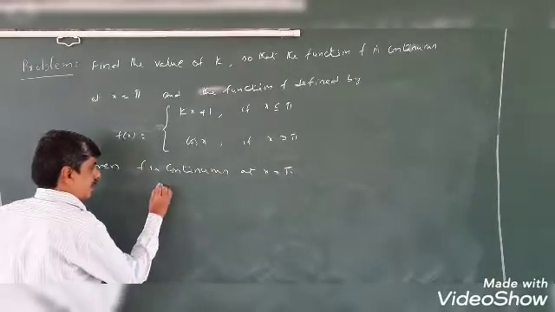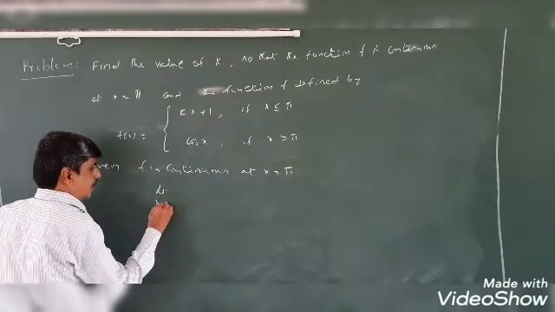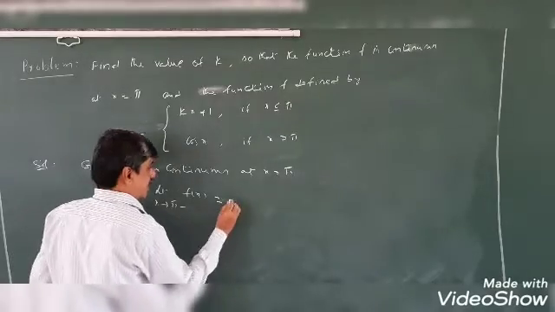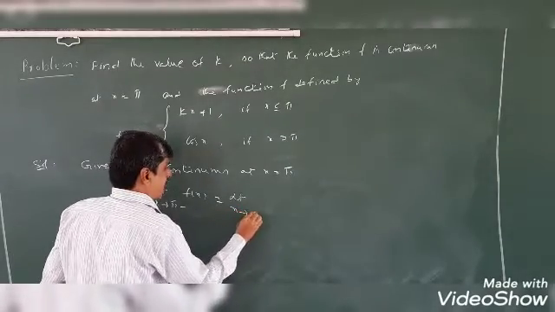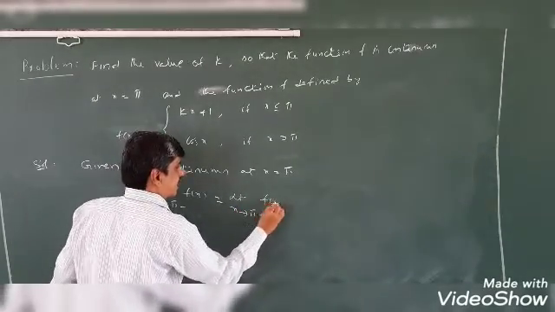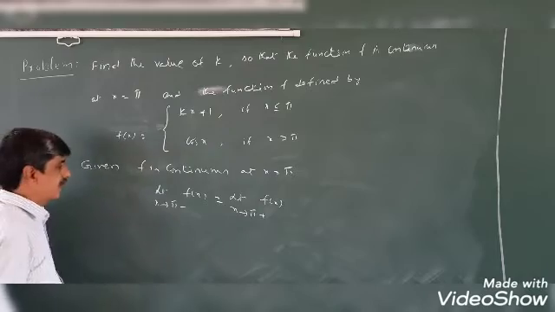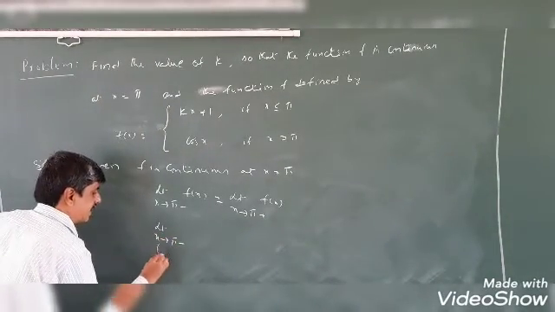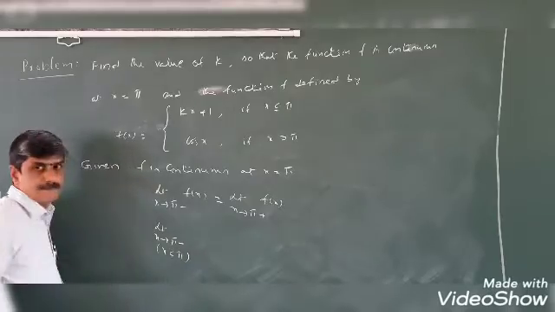So then use limit x tends to pi minus f of x is equal to limit x tends to pi plus f of x. So limit x tends to pi minus means x less than pi.